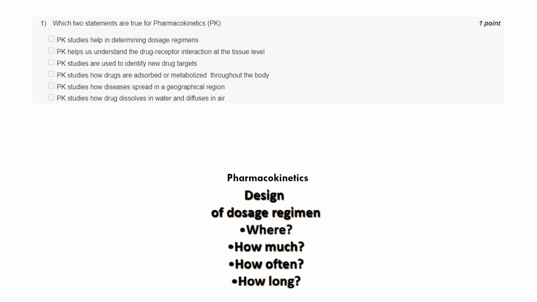So pharmacokinetics essentially helps us in determining the dosage regimens, and it also tells us how drugs are absorbed or metabolized throughout the body, which includes the concepts of clearance as well as elimination rate. So these are the two right answers.